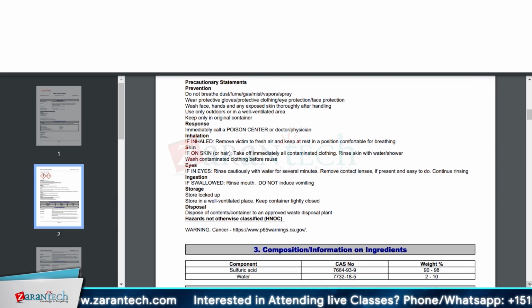This is section 2. Now the question is, who will give the data to maintain this in the MSDS? Any idea, guys? Who will give this data, and who will maintain it? Anyone can try. Any guesses? Chemical engineers, the legal team?